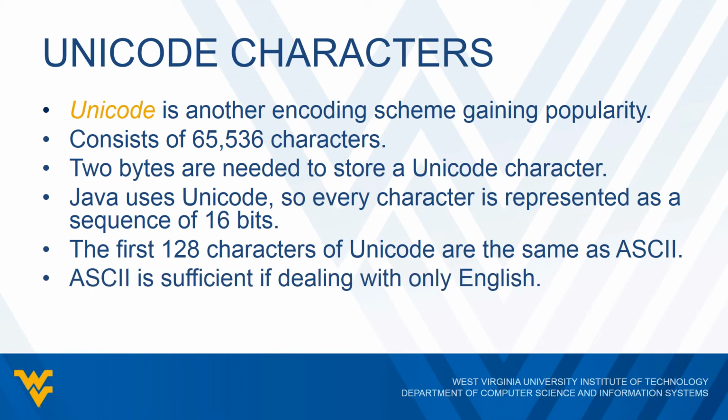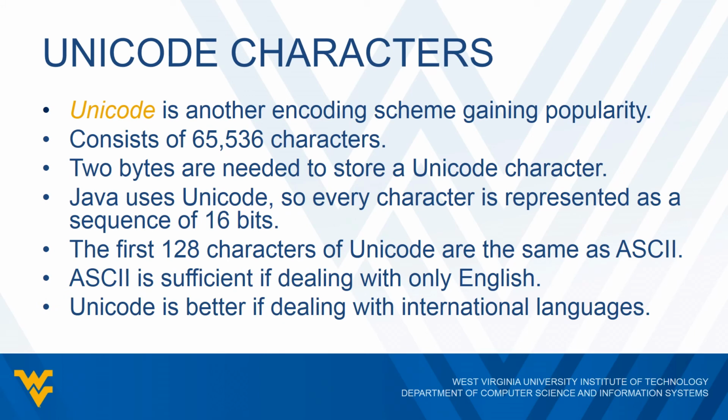Now, it's worth noting that ASCII is very useful if we're dealing with only English. I mean, pretty much every single character or symbol that you can think of that you're going to use in normal English is covered by ASCII. So yes, your entire language is basically just 128 characters. But if we're dealing with larger types of alphabets, so if we're dealing with international languages, then Unicode is going to be a lot better for us. In fact, it's the only option since we can't store international languages in ASCII.